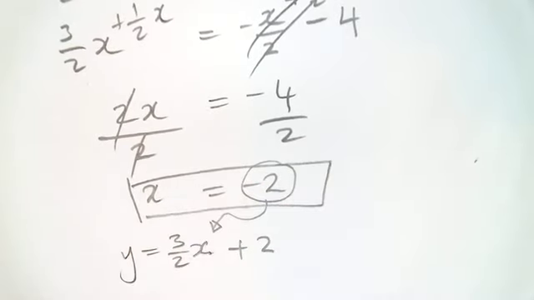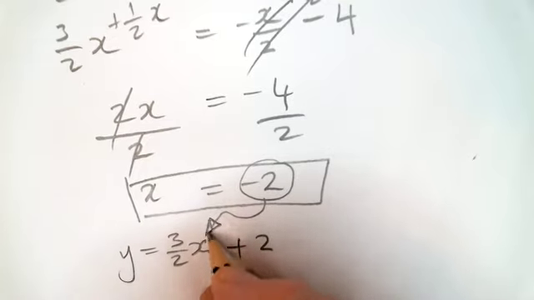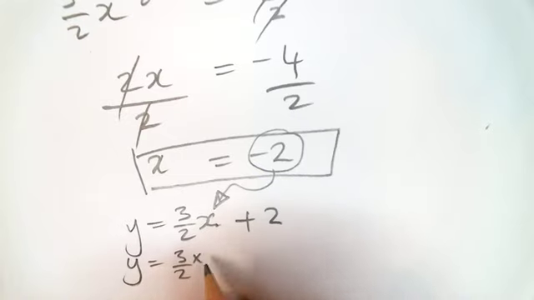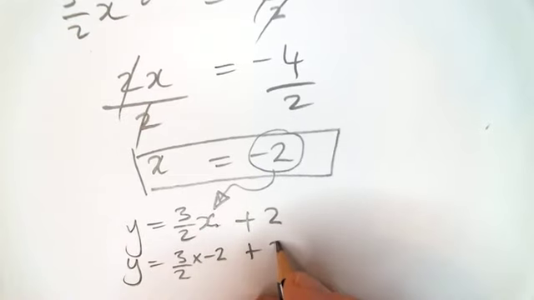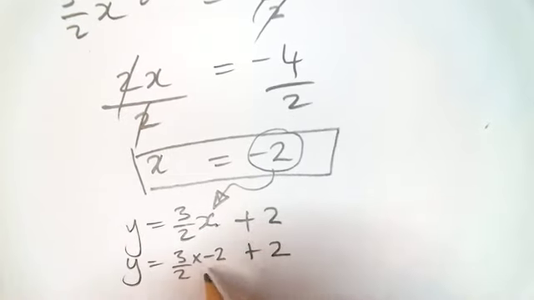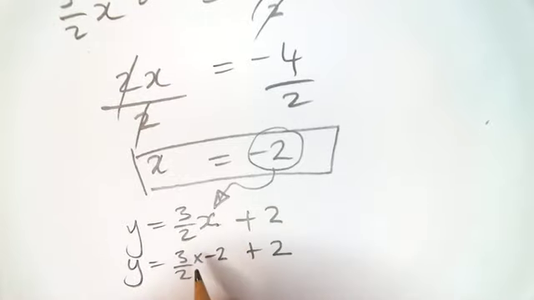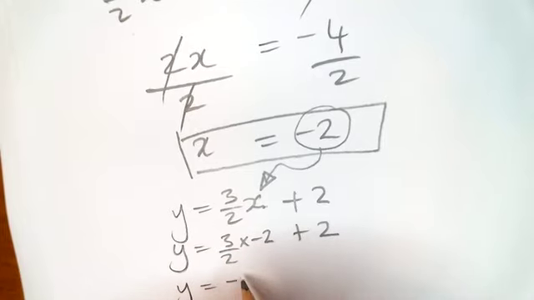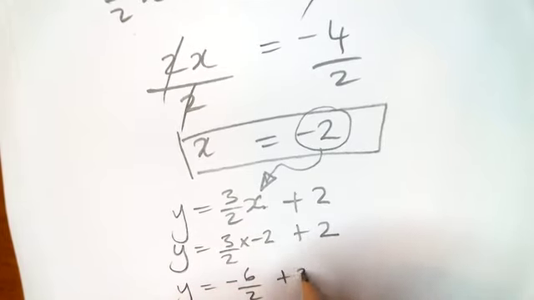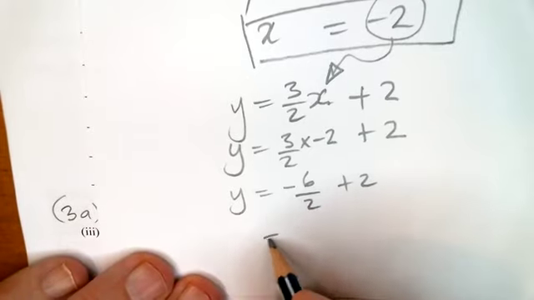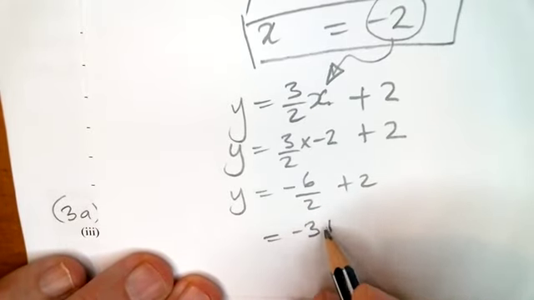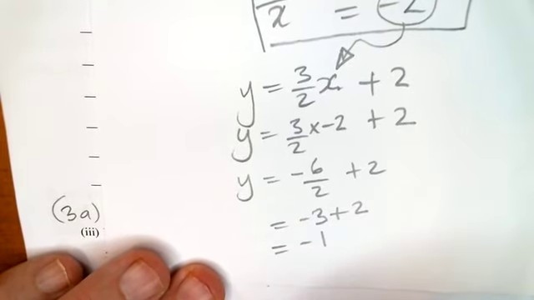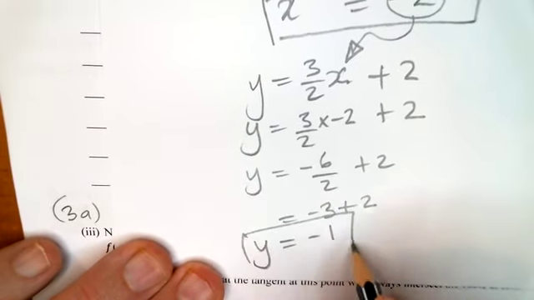So y is equal to 3 over 2 times -2 plus 2. Or if you like, you can go 3 times -2 is -6 over 2. y is equal to -6 over 2 plus 2. So this becomes -3 plus 2. Well, negative 3 plus 2 is equal to negative 1. So I've got y is equal to negative 1.